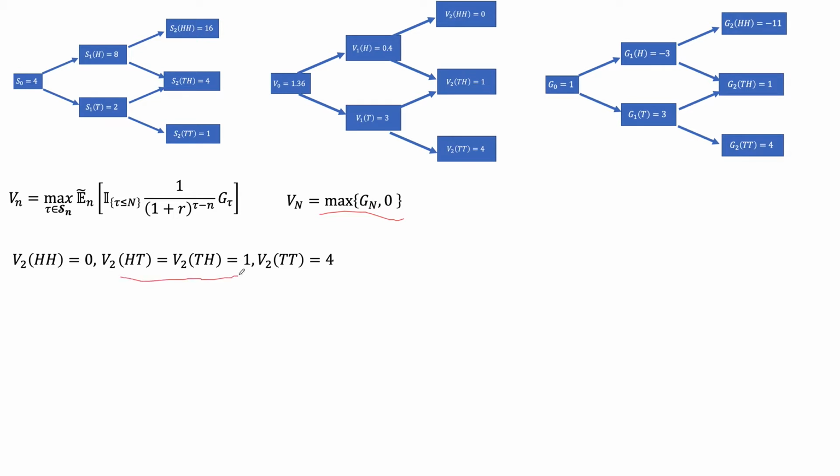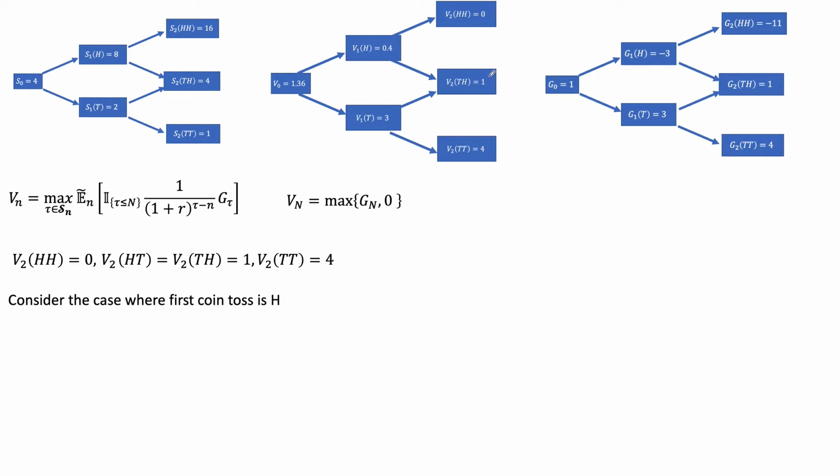For these 2 nodes, it will just be 1, and here minus 4, right? And that's what we're seeing exactly here. It's just the maximum of Gn and 0. Where the Gn would be negative, we get 0. Where the Gn is greater than 0, we just get the intrinsic value, which makes sense.